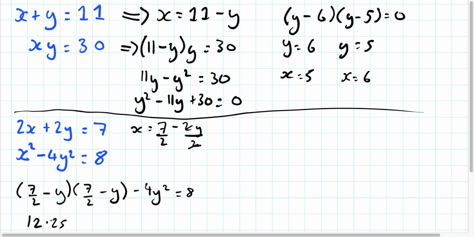So it's 12.25, minus 7 over 2 y, minus 7 over 2 y, which gives minus 7y.